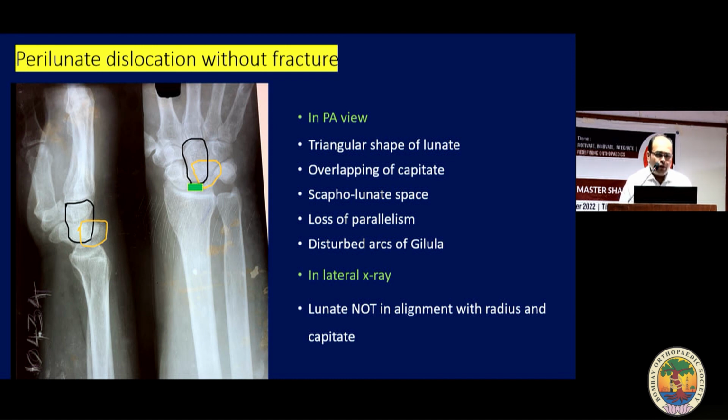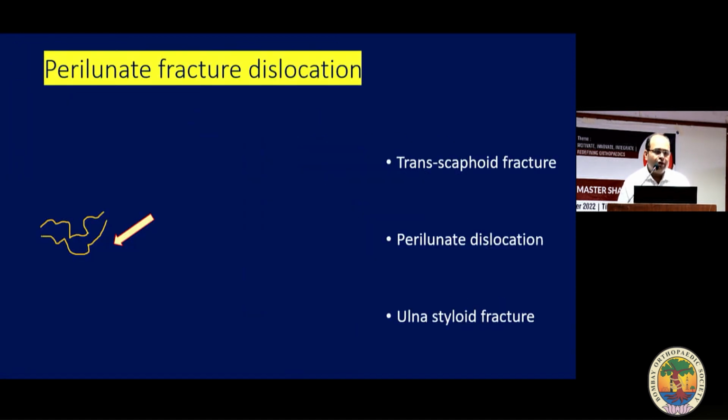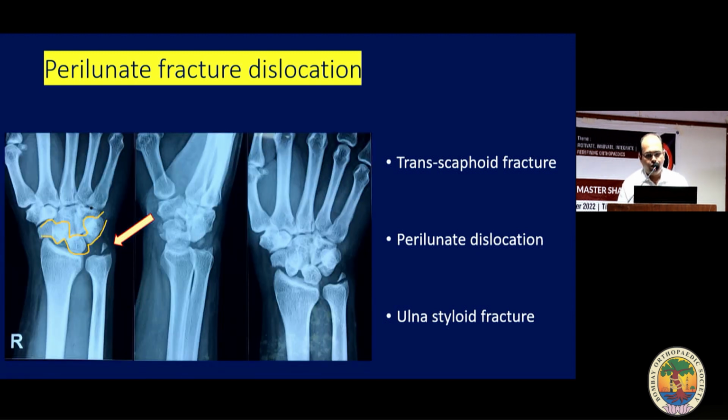When we want to diagnose a perilunate dislocation with fracture, we are talking about a radial styloid fracture, or a scaphoid fracture, capitate fracture, or ulnar styloid fracture, along the path where the force is transmitted. It is the Mayfield concept, whose theoretical discussion I would not like to go into. Here we see a disturbed arc of Gilula, and we also see an ulnar styloid fracture.